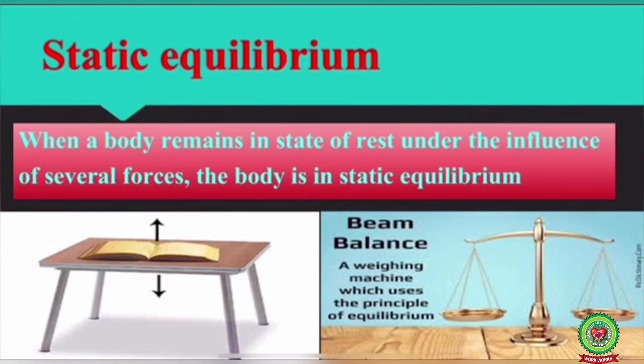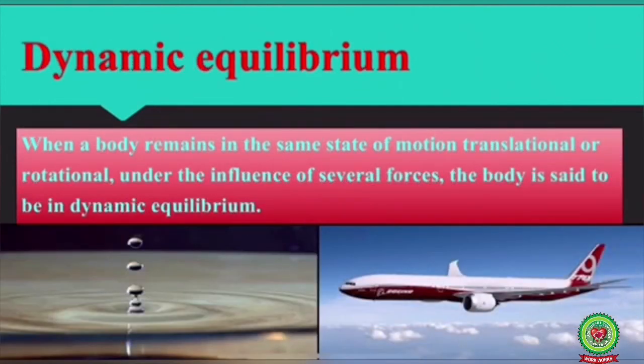It will be at rest. So forces are acting on it, but they are not able to produce any change in its state of rest. We can say that this beam balance is in a state of static equilibrium. So, when a body remains in the state of rest under the influence of several forces, the body is in static equilibrium.